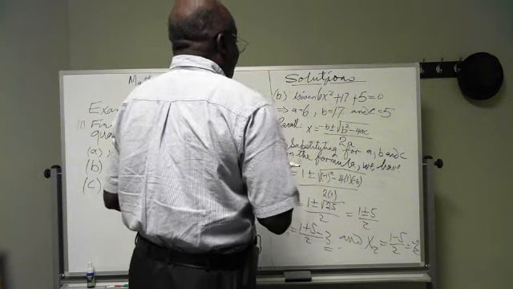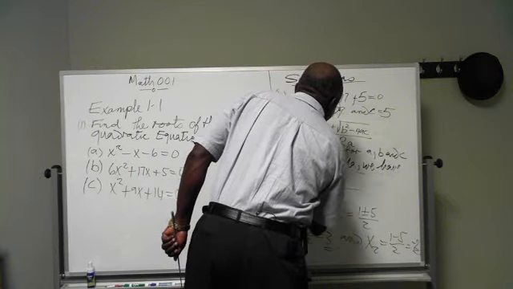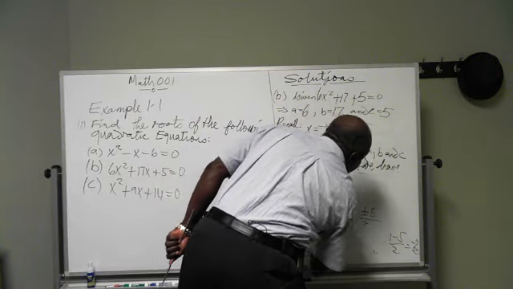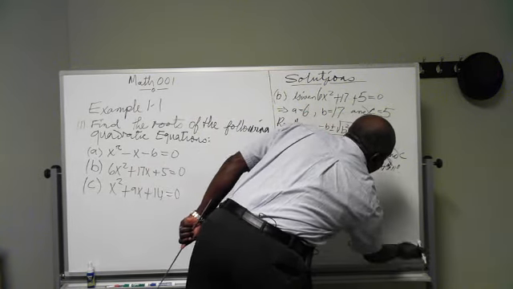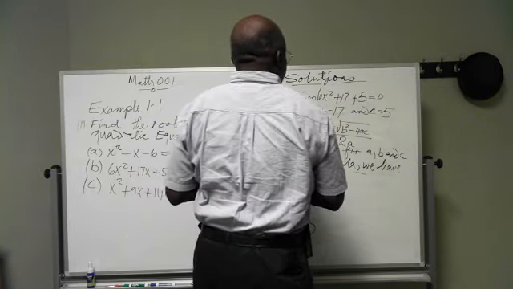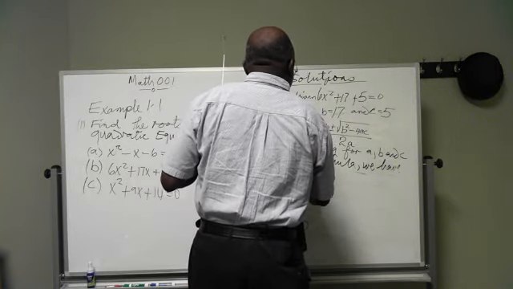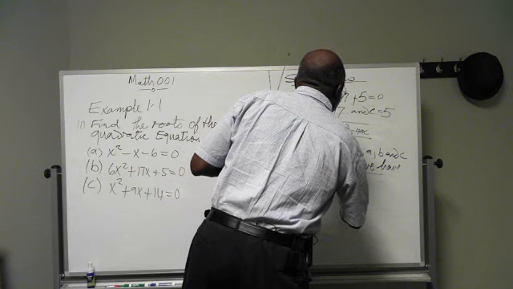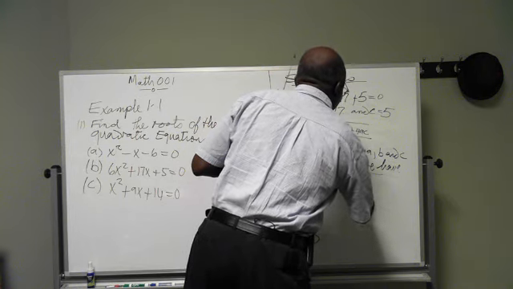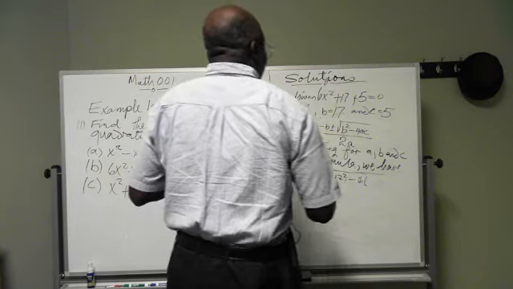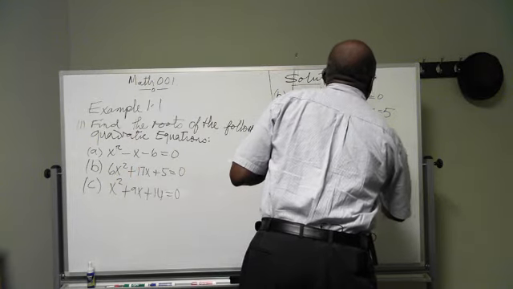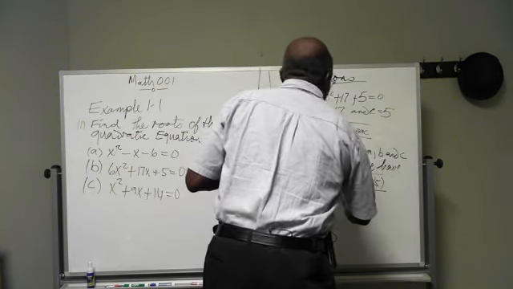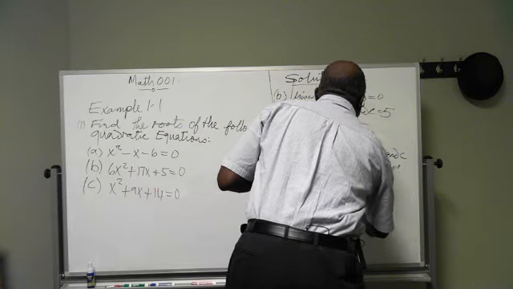And if we substitute a, b, and c in the above formula, we will have x equals minus 17 plus or minus the square root of 17 squared minus 4 into 6 times 5, all over 2 into 6.